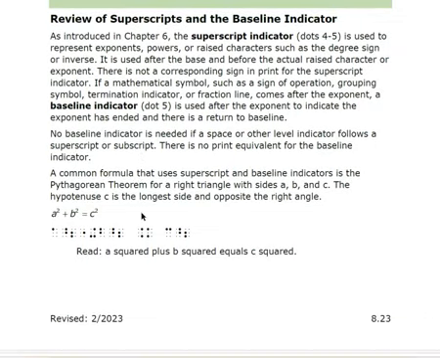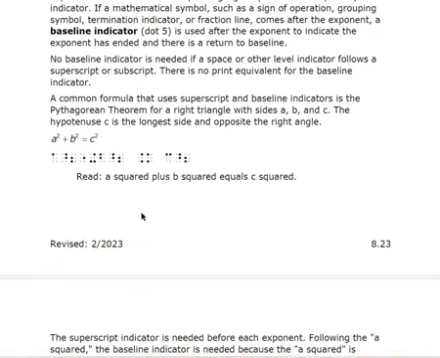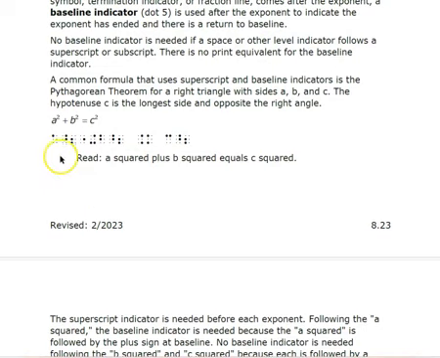We have a review of superscripts and the baseline indicator. That should be relatively self-explanatory. We've got a squared plus b squared equals c squared. So we've got a superscript 2, then a dot 5 plus a b superscript 2, so that's b squared equals c superscript 2.